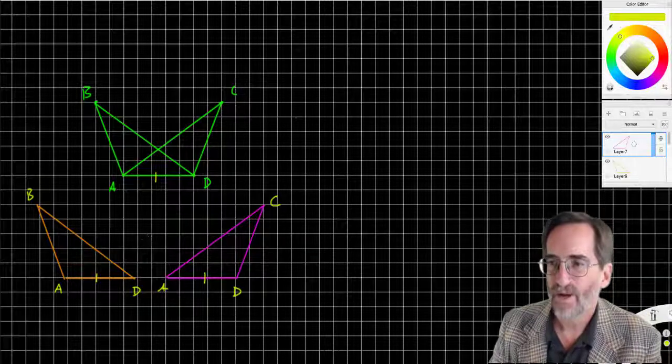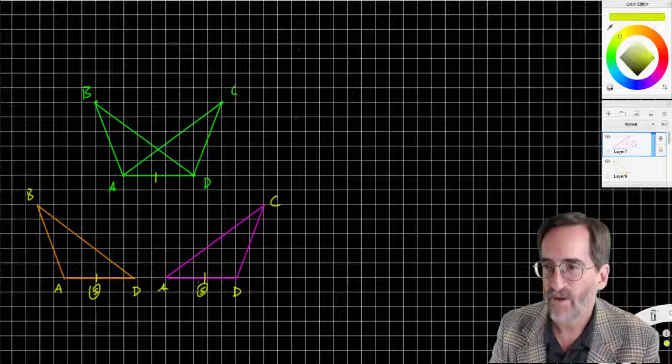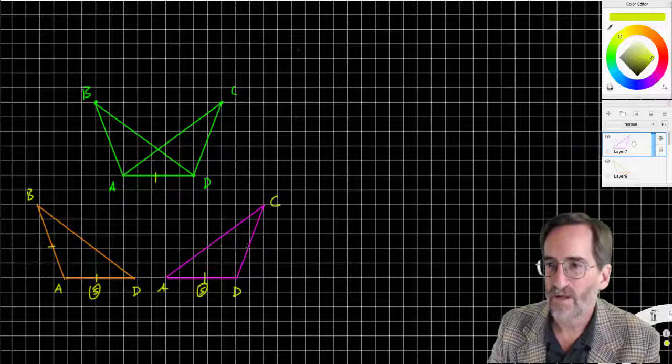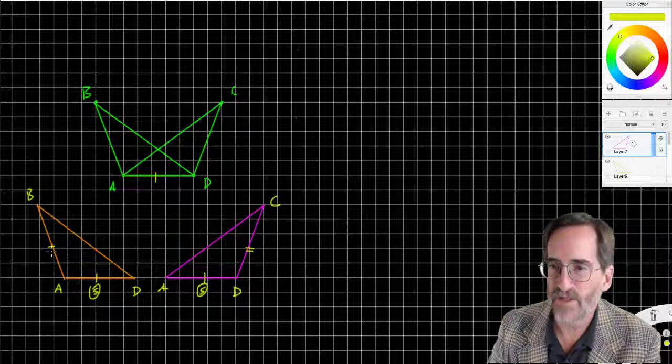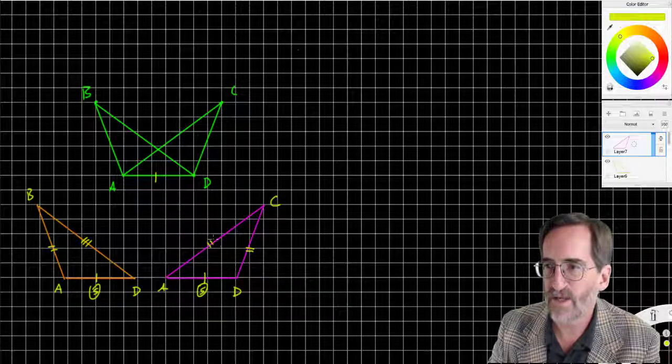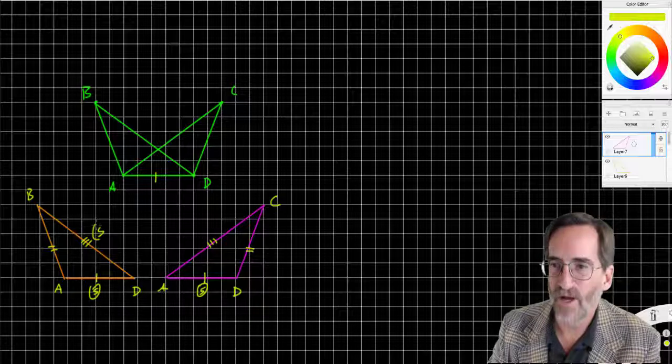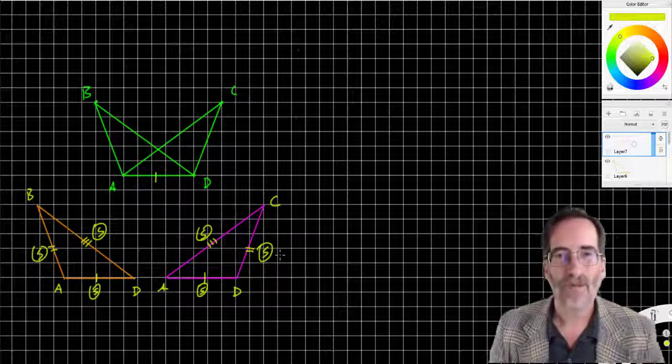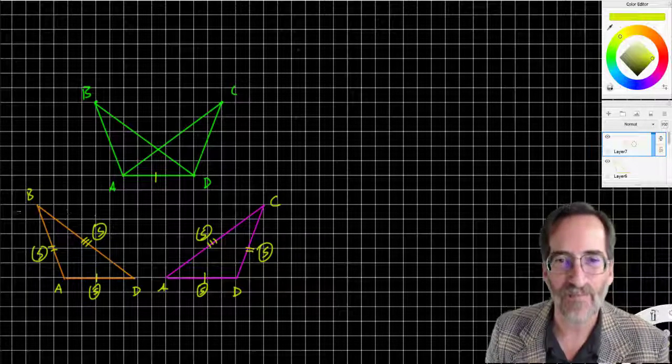So let's say, for example, we were told that AB was the same as DC, and that BD is the same as AC. In that case, we have side, side, side in overlapping triangles. So remember the reflexive property with shared parts.